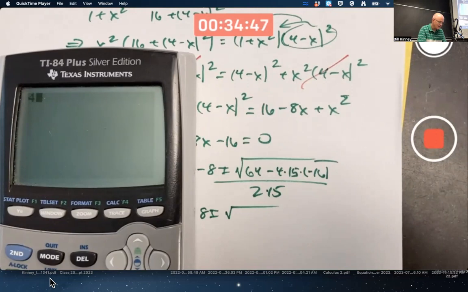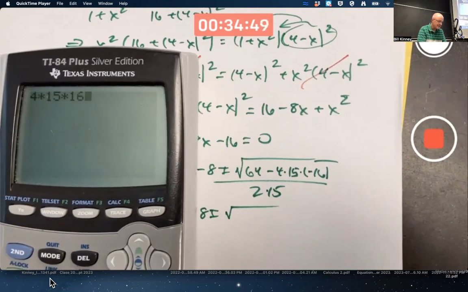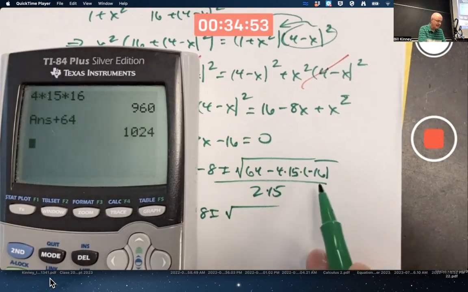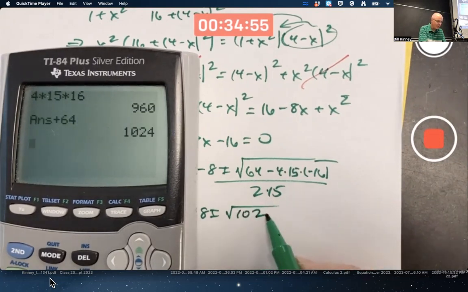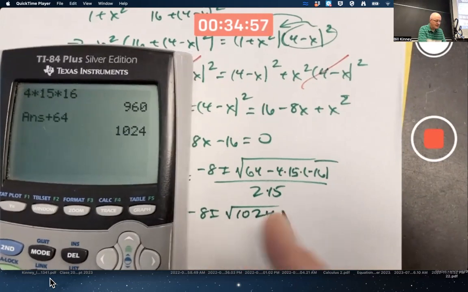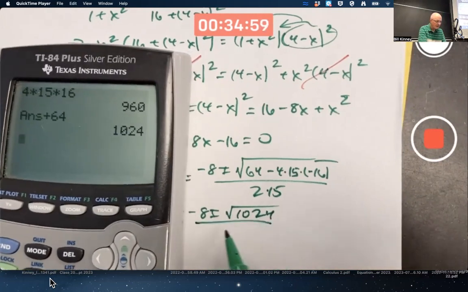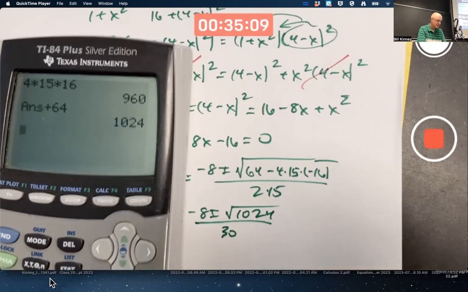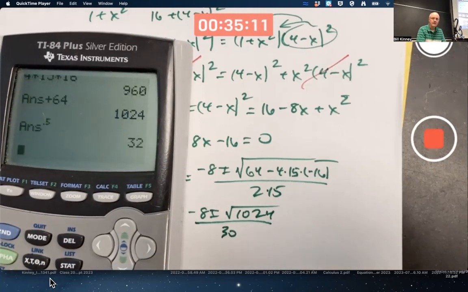I better not. 4 times 15 times 16 gets added to 64 because two minuses make a plus. I have 1,024 in there. I do happen to know that is a perfect square. It's 2 to the 10th power, so it's 2 to the 5th squared. It's 32 squared. Its square root is 32.